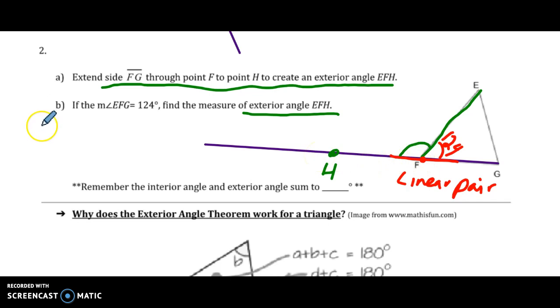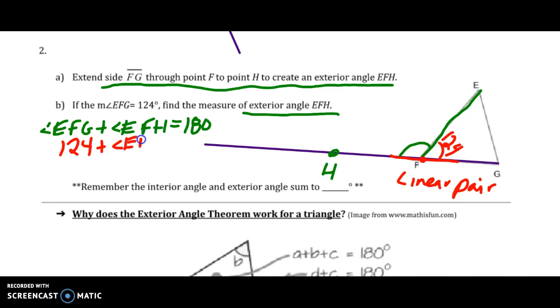So we know that angle EFG plus angle EFH equals 180. We know that EFG is 124 plus EFH equals 180. So we find that the measure of EFH equals 56 degrees.